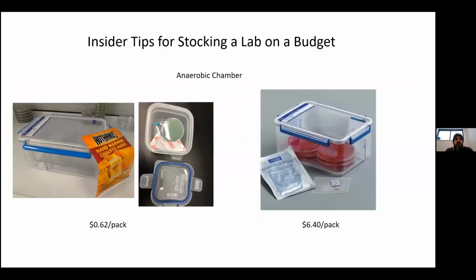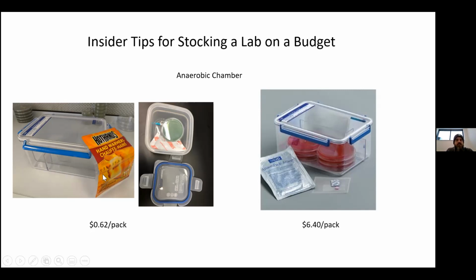One really good example: if you've ever used Hot Hands in your gloves, that is a chemical reaction that happens with oxygen. So what that means is if you have an anaerobic container like this, and this is actually purchased from a science supplier, but this is another area where you could save money by using a mason jar, for example, as your little anaerobic incubation chamber.